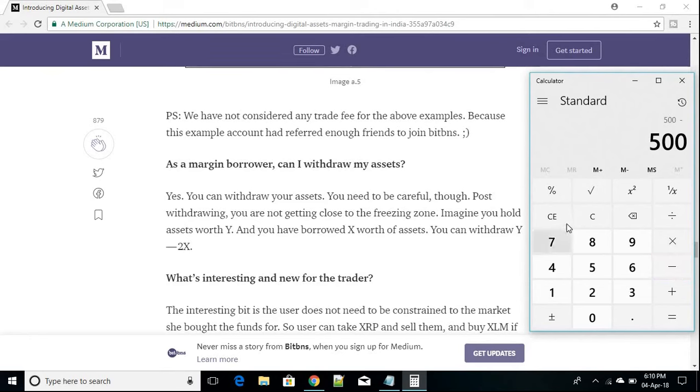That is 200 into 2, 400, and 500 minus 400, it would be 100 rupees. So you can only withdraw your 100 Ripple coins, not all the 500 coins you have put in the business.